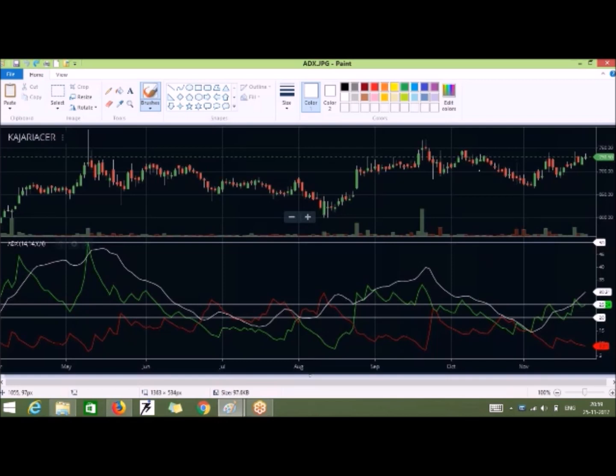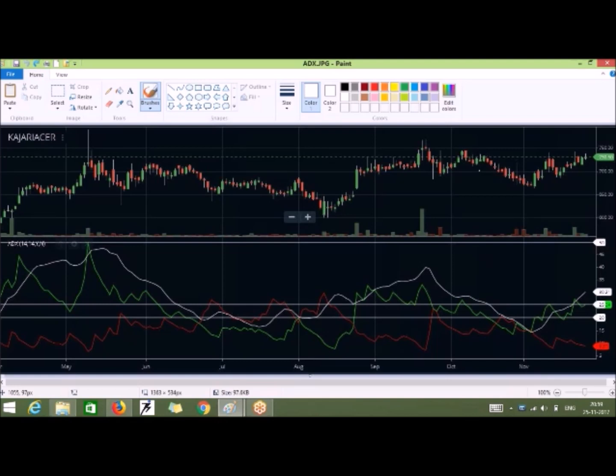And the ninth one, we have covered 8. The ninth one is the opposite: the trend is seen or predicted to be a downtrend when the positive directional indicator line is below the negative directional indicator line and ADX is above 20. The only change over here is the positive directional line should be below this one.